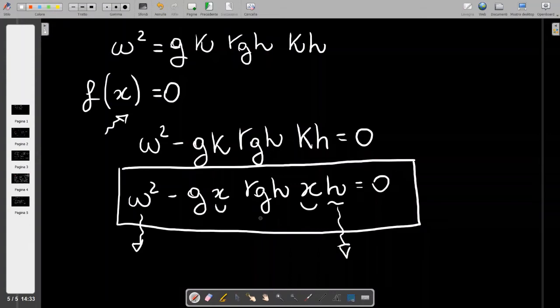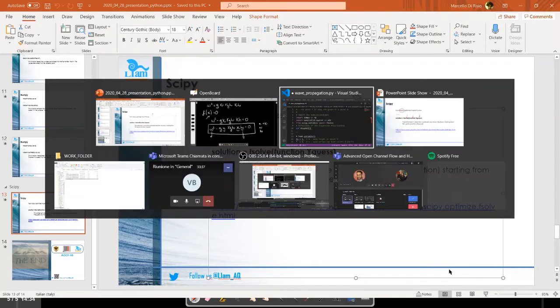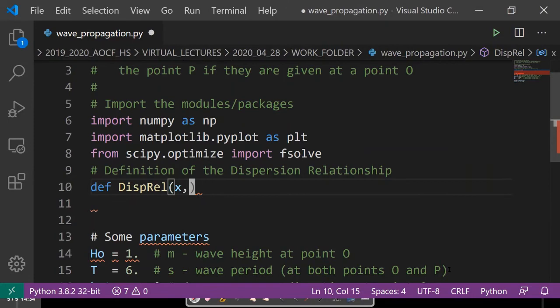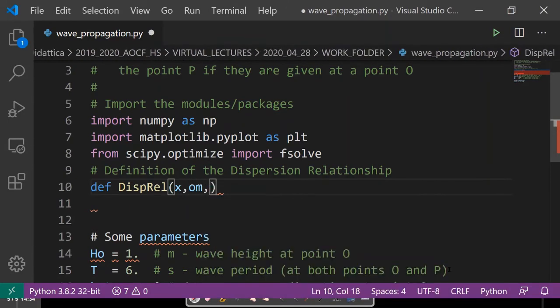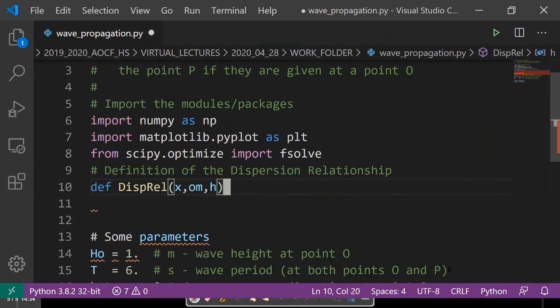So we have three parameters. The first one is of course the solution that we want to get, x, that is actually k. Then we need to give also the value of omega, but also the value of h. So we can write here x, omega, and h.